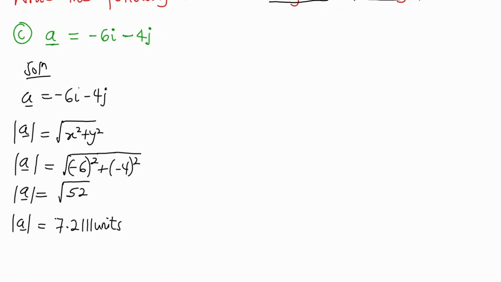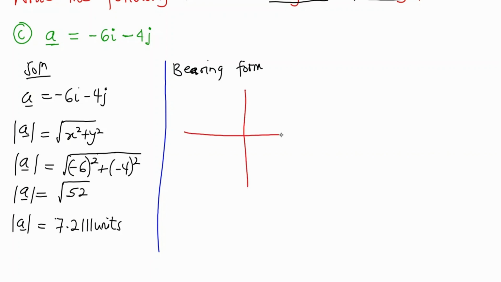Now the next step is for us to find the bearing. Like we usually say, we first have to graph this, and that will be the very easiest way of getting the bearing of the vector. So we graph it on a Cartesian plane.